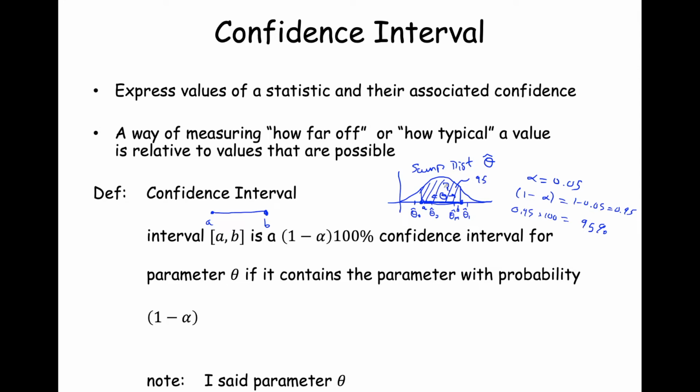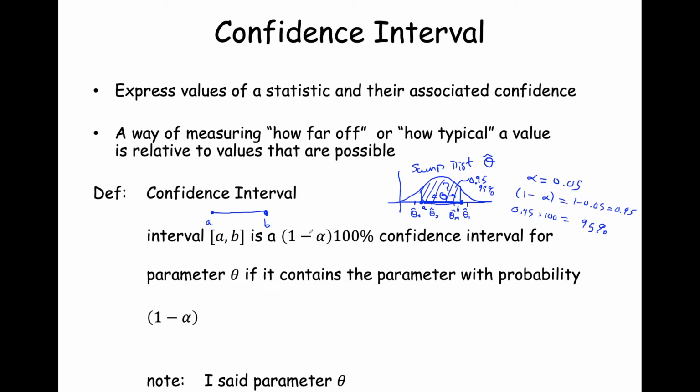And since probabilities integrate to 1, that's going to be 0.95 of the probability, right? The integral of that, or 95% of the total probability mass, is the area under the curve that the interval between A and B is responsible for. Okay? So that's what a confidence interval is.